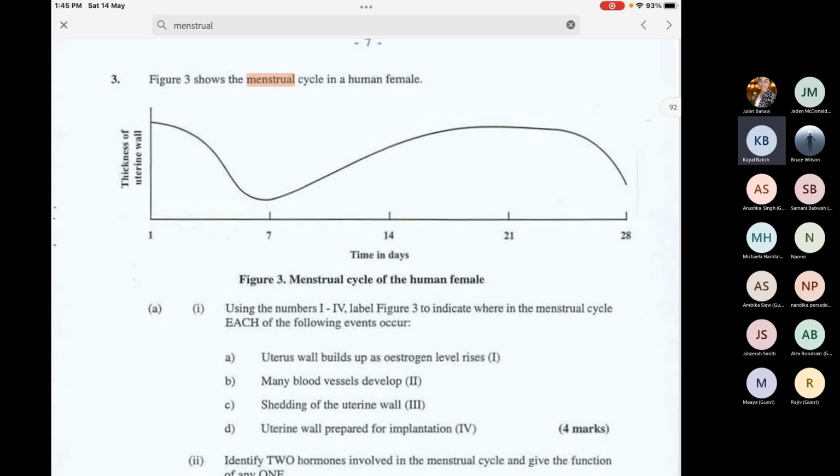When I say periods, it's a particular set of days that the shedding of the uterine wall will occur. Some women it takes about 7 days, some women 5 days, some women 3 days. So if you put day 3, day 4, day 5, day 6, then no problem. And then uterine wall prepared for implantation.